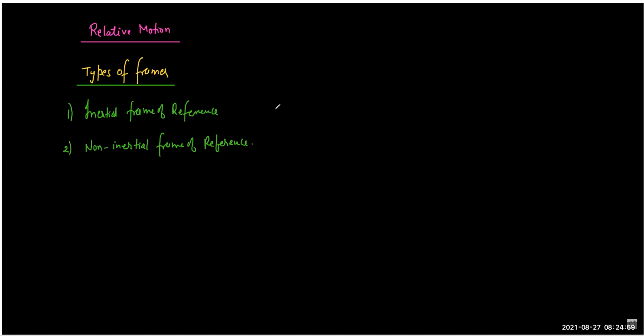For the obvious reason that inertia refers to inertia, if you maintain your inertia, you are in the inertial frame of reference. But if you start turning or accelerating, then you change your inertia.